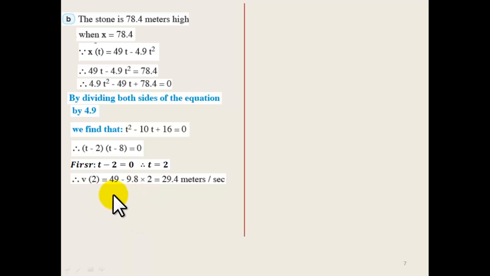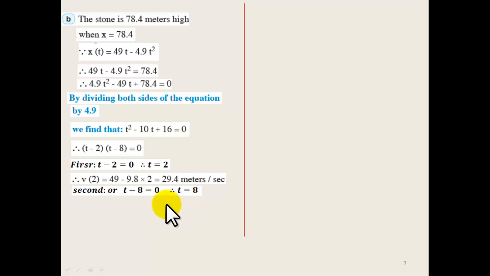Second, V(2) equals 49 minus 9.8 multiplied by 2. It means the velocity at this moment equals 29.4 meters per second. Second, t minus 8 equals 0, then t equals 8.